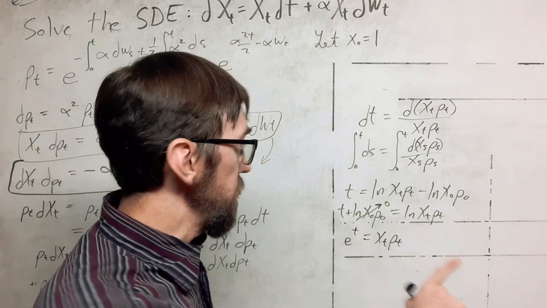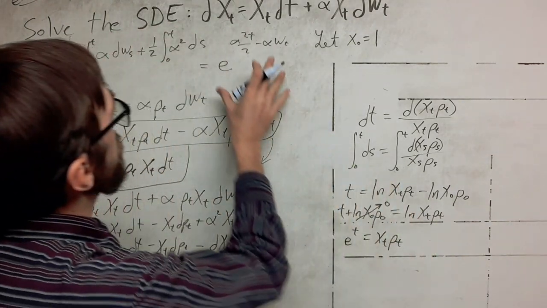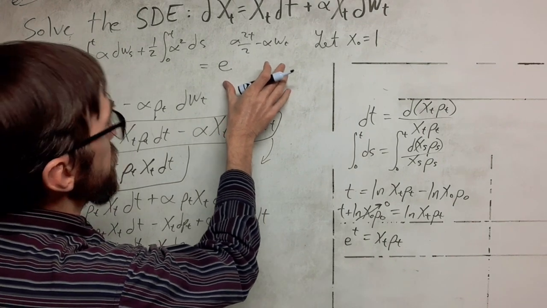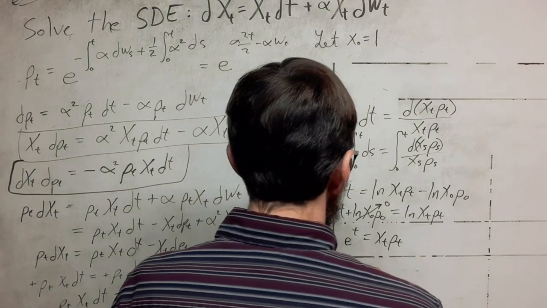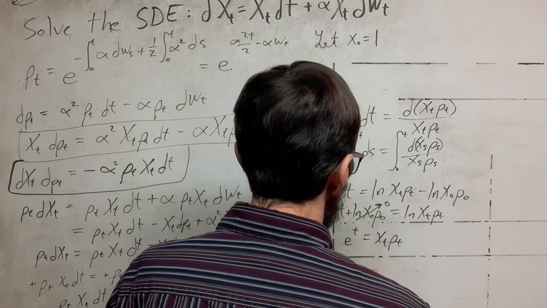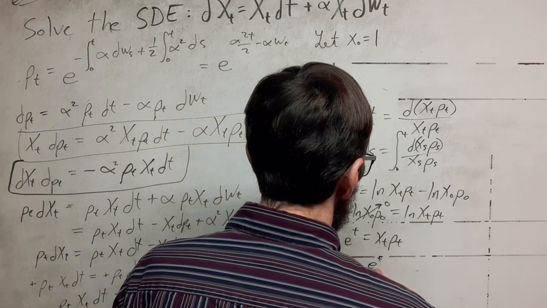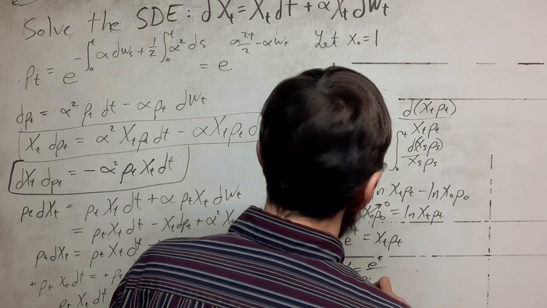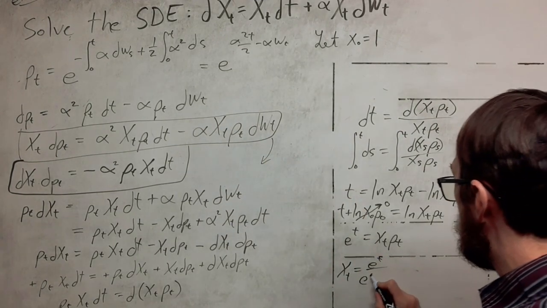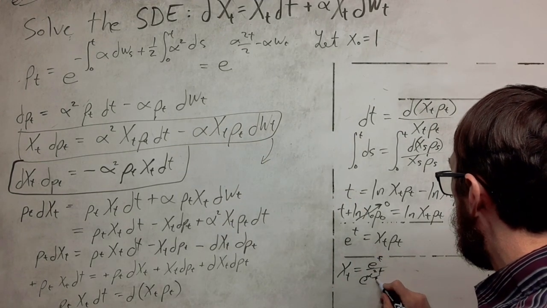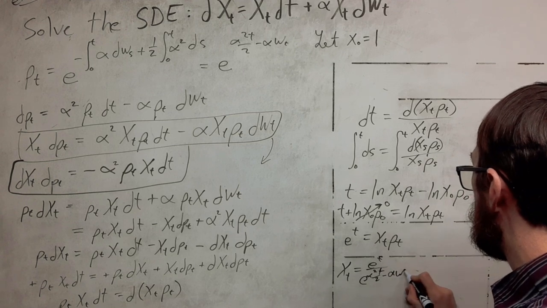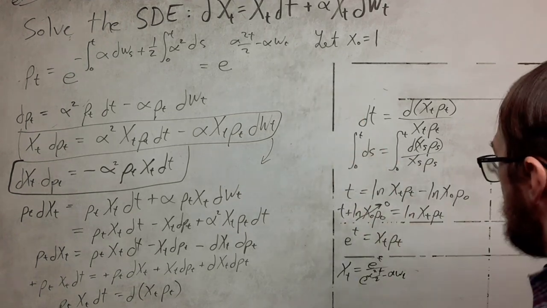and then we're going to divide by rho on both sides, but we're going to substitute this value for rho that we determined earlier. So x sub t is going to be e to the t over e to the alpha squared t over 2 minus alpha w sub t that we have here.